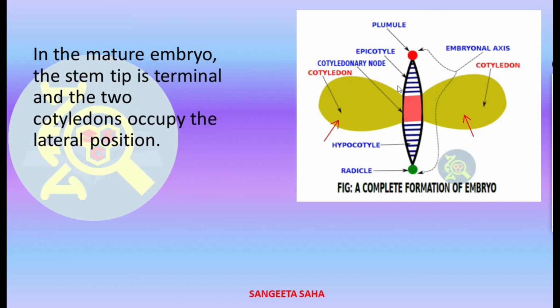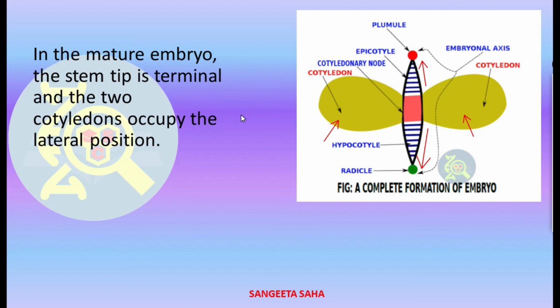Here, the tip towards the chalaza is the plumule, this part, and the tip towards the micropyle is the radicle. Now, there is the cotyledonary node where the cotyledons are attached to the embryonal axis.